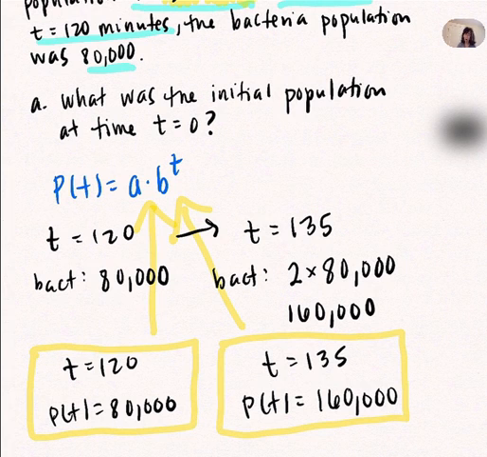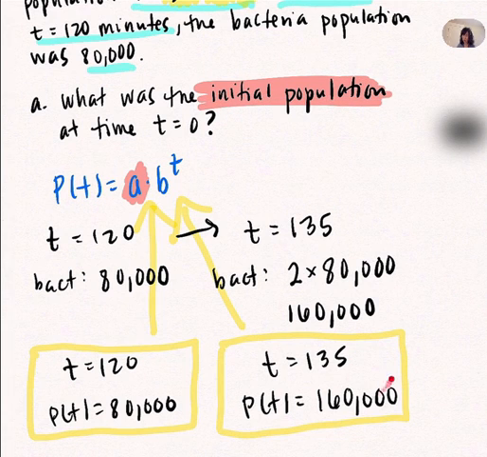In particular, we're being asked what was the initial population at time t equals 0. When we plug 0 into this equation, we get a out, and that is the initial population. So if we can use this information to solve for a and b, we'll know what the initial population is.